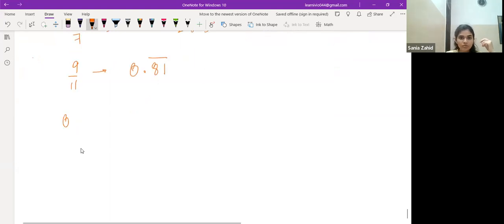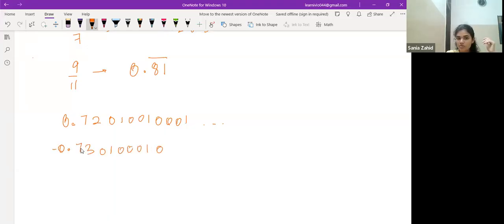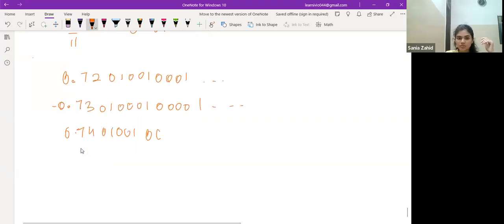So I can write 0.72 and then write numbers randomly 0, 1, 0, 0, 1, 0, 0, 0, 1 and so on. 0.73, 0, 1, 0, 0, 0, 1, 0, 0, 0, 0, 0, 0, 1 and so on, and 0.74, 0, 1, 0, 0, 1 and just random numbers according to this. Okay, so you can do it like this.